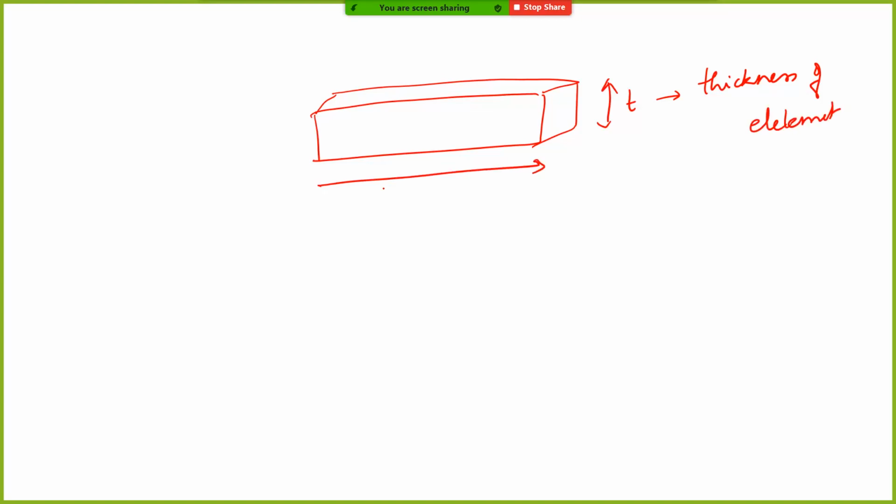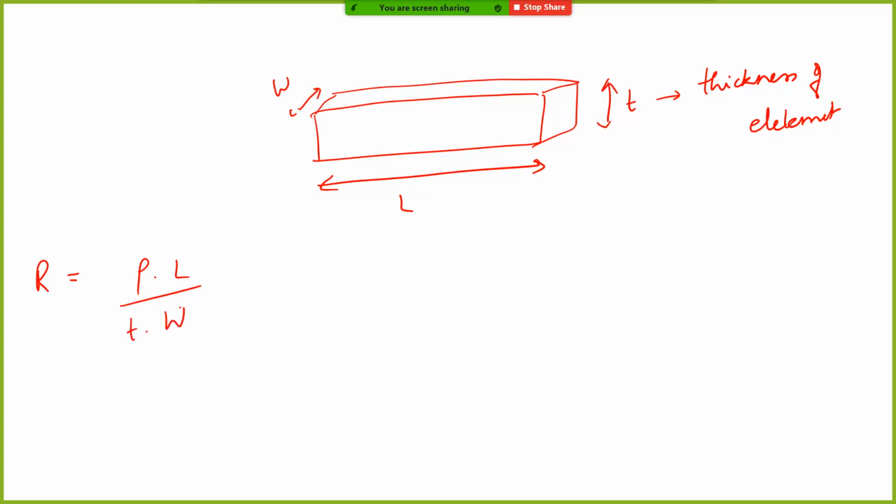This is the length, and this is the width. The total resistance is given by the resistivity of the material multiplied by the length divided by the cross-sectional area. What is the cross-sectional area? It is T times W.